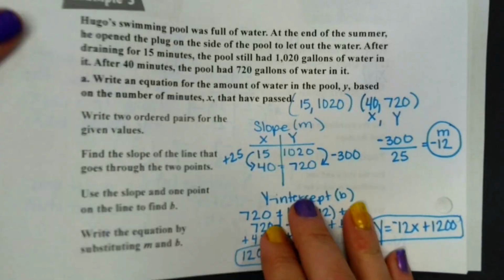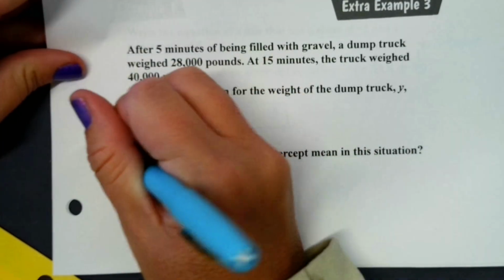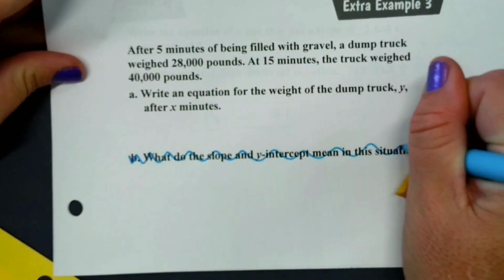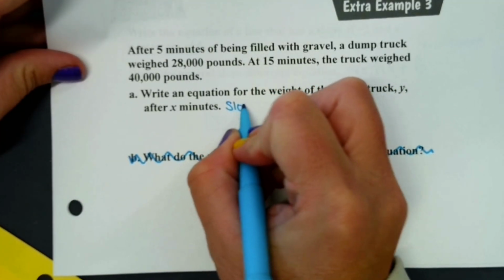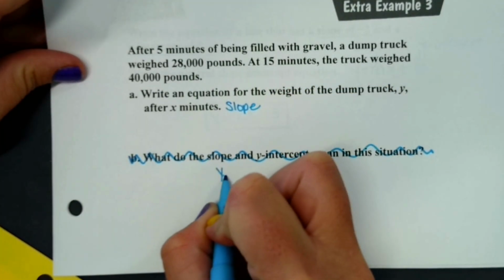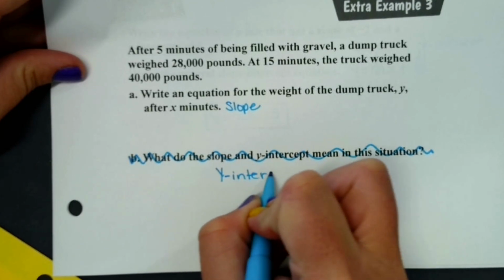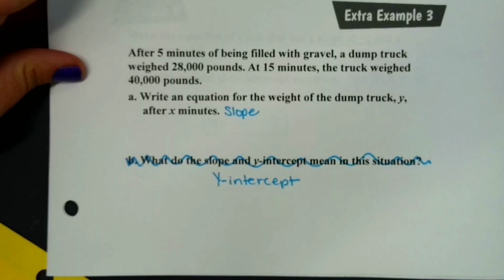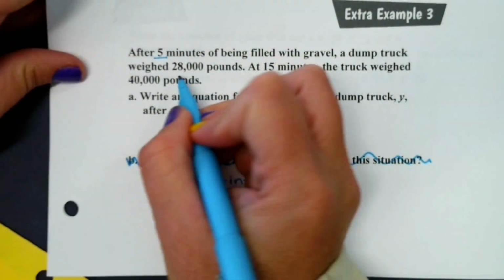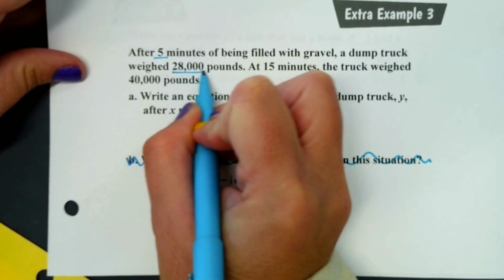All right, you're 100% on your own on this last one. We're not going to answer question B right here. So you can find your slope up here and your y-intercept here. Let's read the problem together. After 5 minutes of being filled with gravel, the dump truck weighed 28,000 pounds.